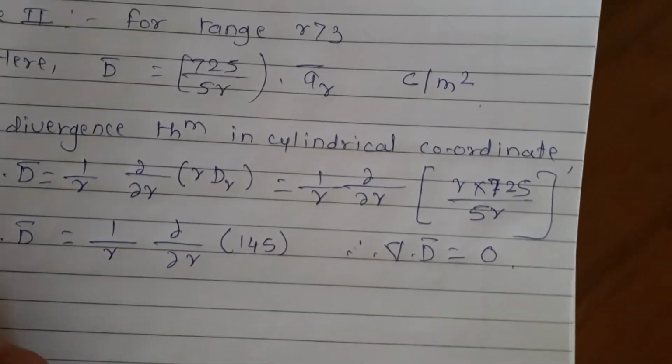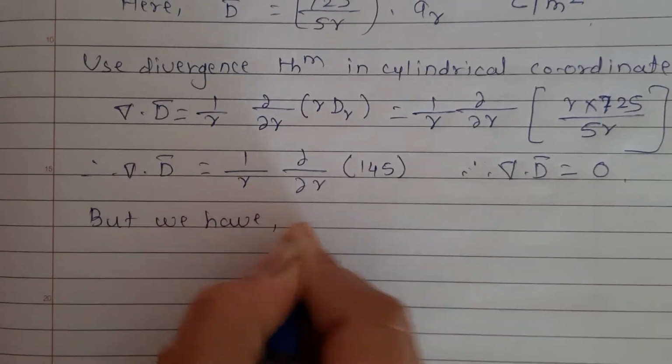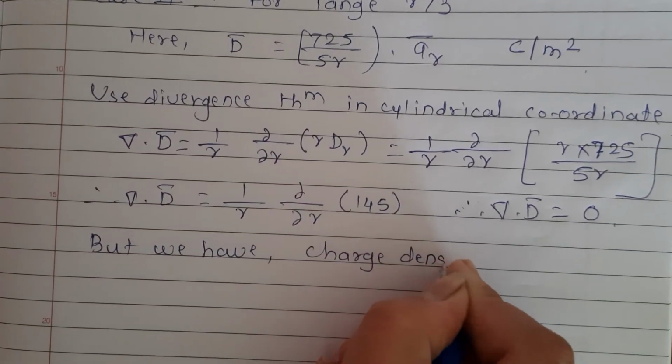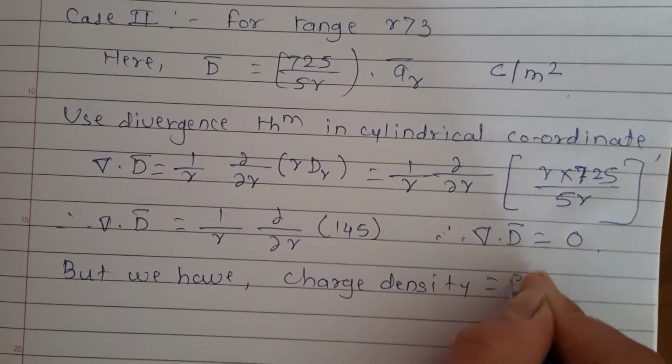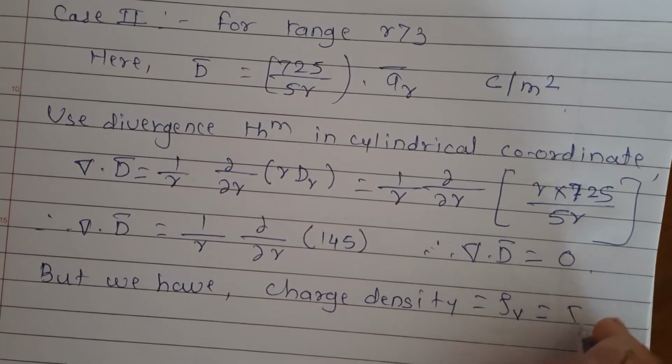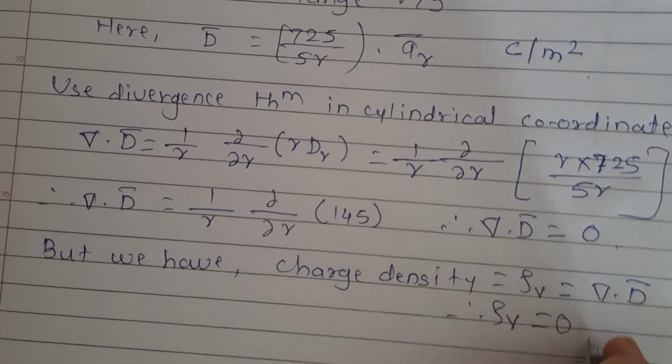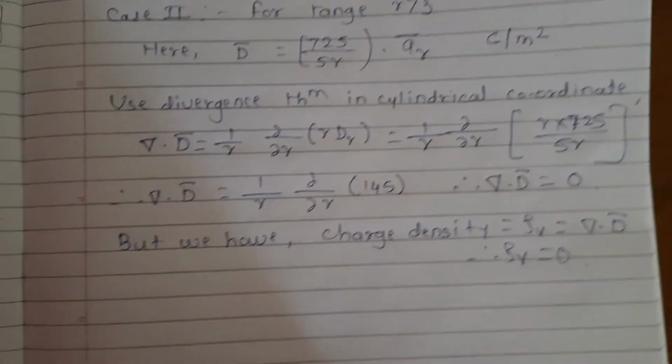But charge density is equal to rho v, that is del dot D bar. So value of rho v is 0. This is the answer.